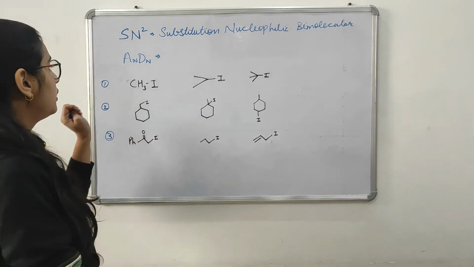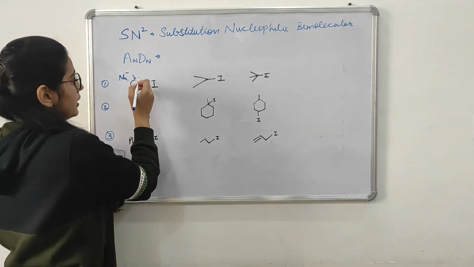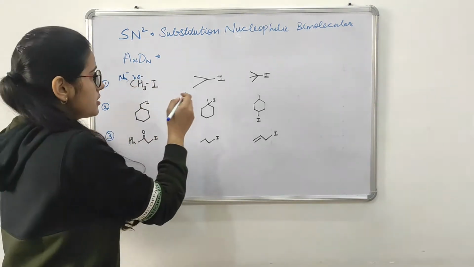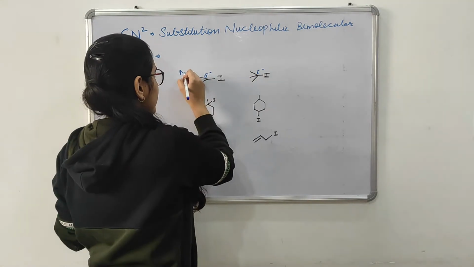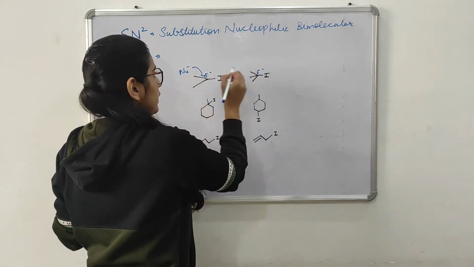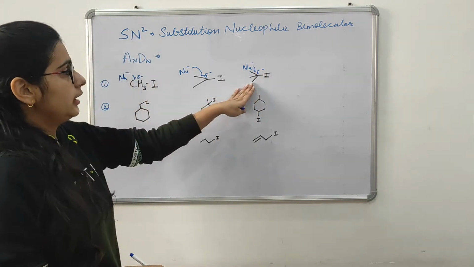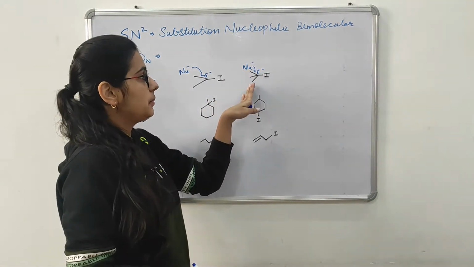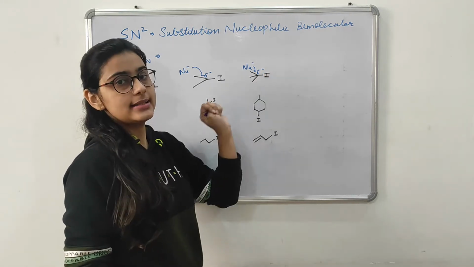So whenever nucleophile will attack on the carbon, this will get a partial negative charge. Similarly, this will also get a partial negative charge when any nucleophile attacks on this carbon. So here these methyl groups by plus I effect will make this partial negative charge unstable.